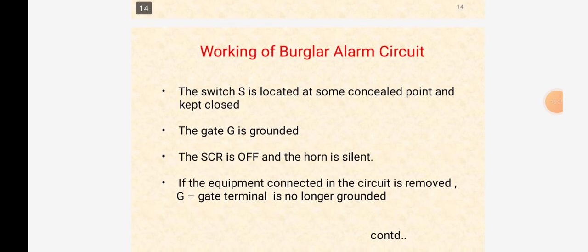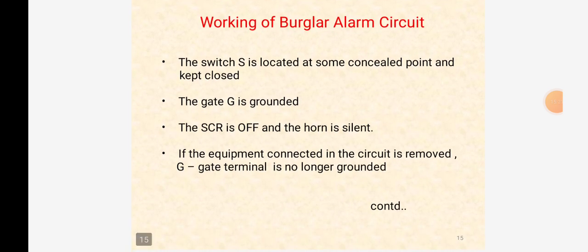So in this burglar alarm, the switch S is located at some concealed point and kept closed. The gate G is grounded, the SCR is off, and the horn is silent. If the equipment connected in the circuit is removed, the gate G terminal is no longer grounded.